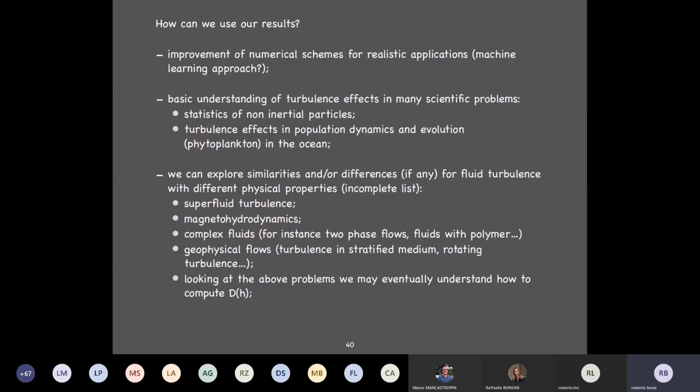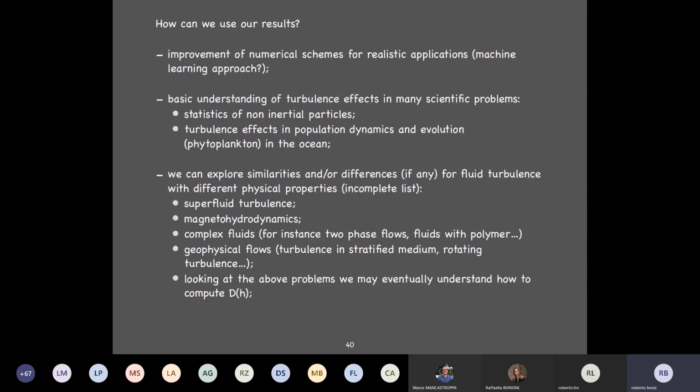And another interesting point is the turbulent effect in the evolution of population dynamics in the ocean. Another interesting problem that we can now try to understand more deeply is to explore similarity or difference for fluid turbulence with different physical properties.